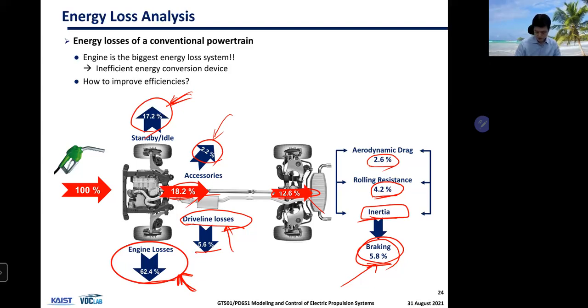So, here is one question. And I'd like to hear some answers during discussion session. How much fuel economy will be improved if you improve, say, 10% of rolling resistance? Let's say you reduced 10% of rolling resistance.